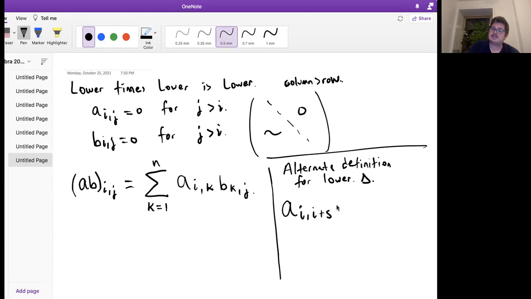A_{i,i+s} is equal to 0 for s greater than 0. And of course, let's say S is a natural number. Does that make sense as an alternate definition? You see how those two are the same?